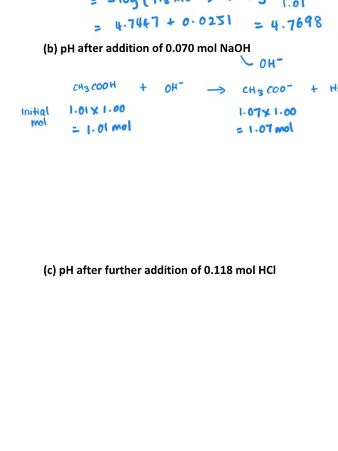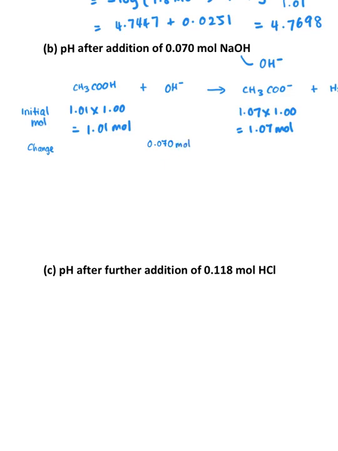Now we can look at the change, which is basically the number of moles of NaOH. We don't have to calculate this because it's already given to us that the number of moles of NaOH added is 0.07 moles.